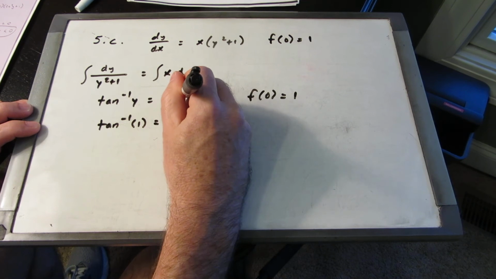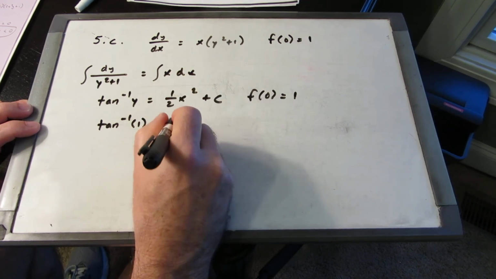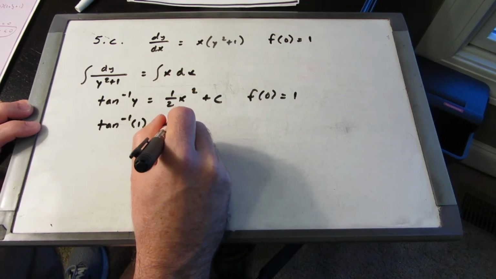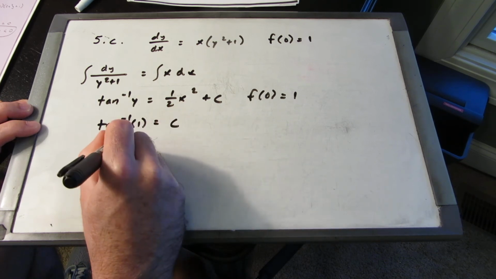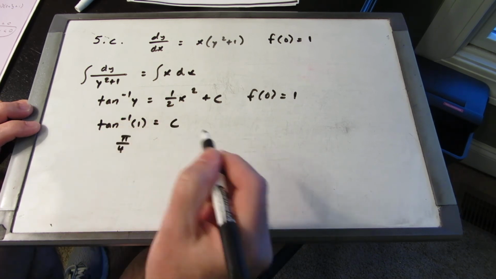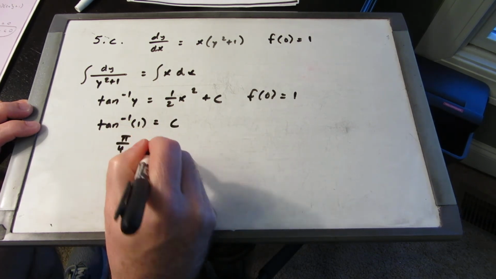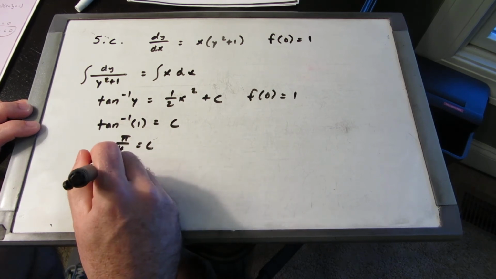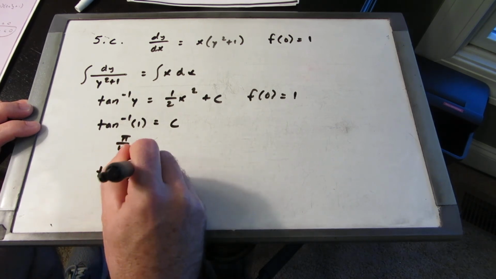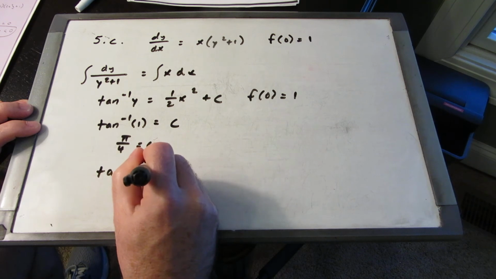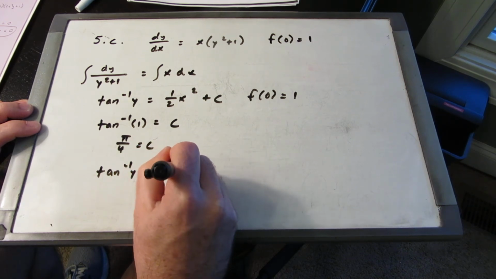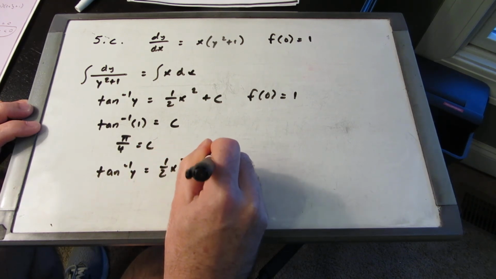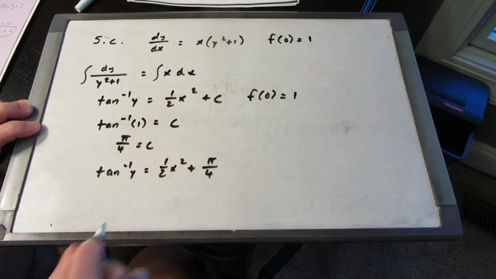That just goes to 0, the 1/2 x squared, and that's equal to c. So that's pi over 4. The angle whose tangent is 1 is pi over 4. So we would have inverse tangent of y is equal to 1/2 x squared plus pi over 4.